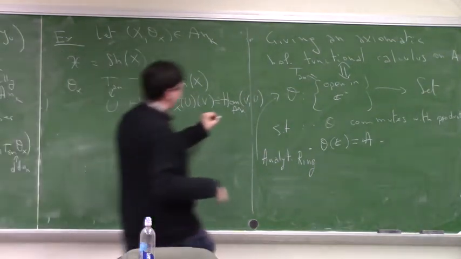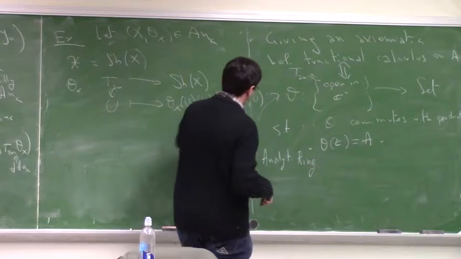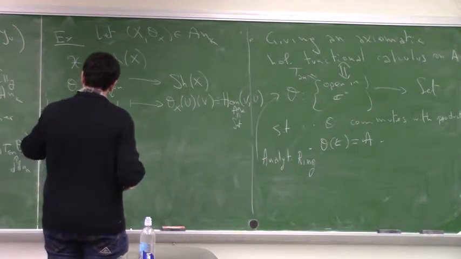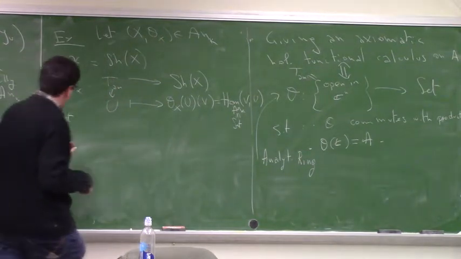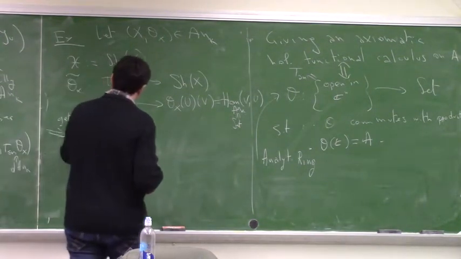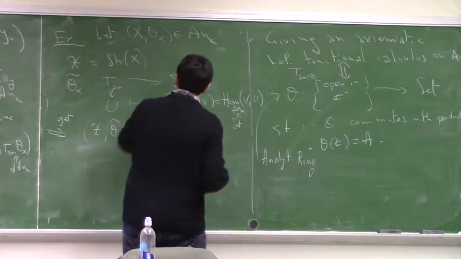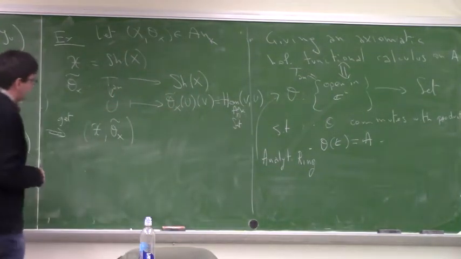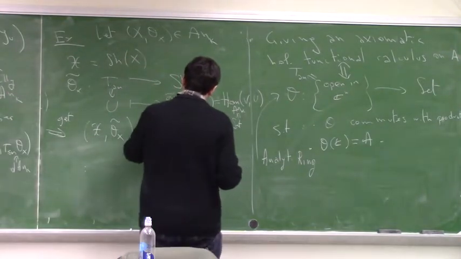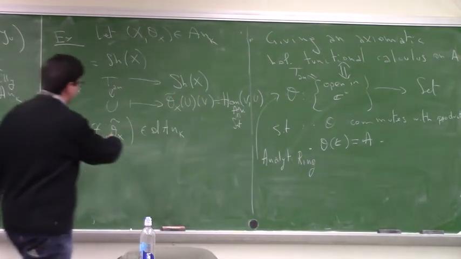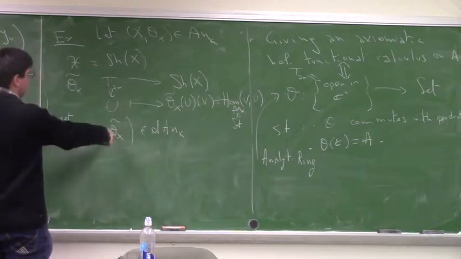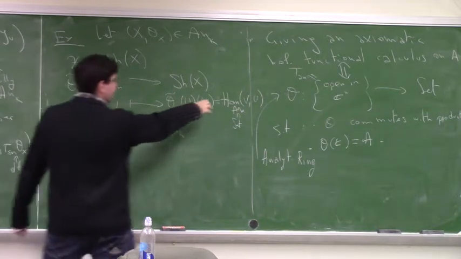Moreover, this belongs to Set. So we get X tilde, O tilde X, a derived analytic space.